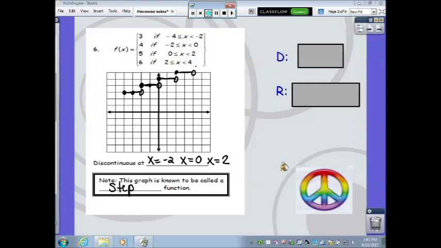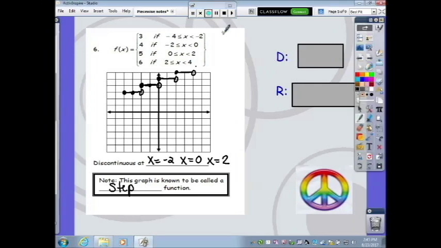Alright, the domain of the step function. So the domain is our x. So our domain starts at negative 4. Our x starts at negative 4 and then continues until 4. Now look at our inequalities here. This is less than or equal to, which is closed, and this is less than, which is open.